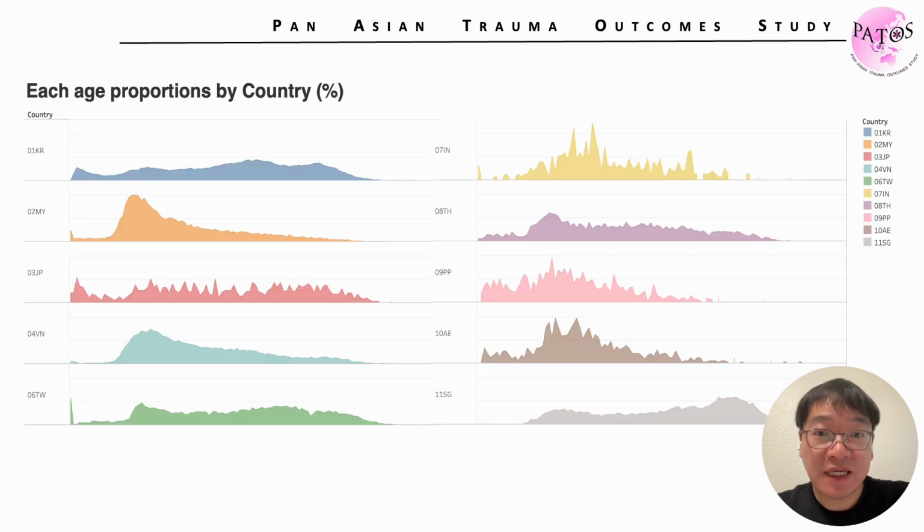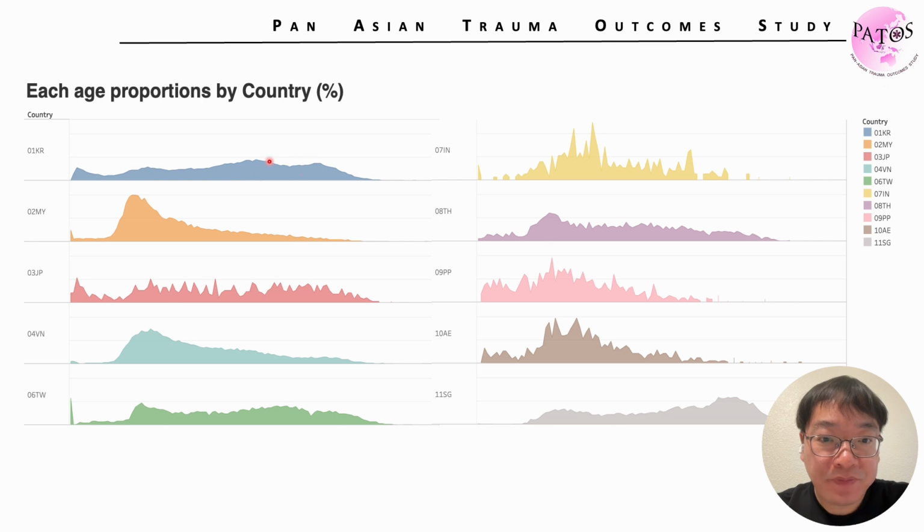The graph shows each age proportion by country. In the x-axis, the left side is younger age, and the right side is older age from 0 to over 100 years old. In Malaysia, Vietnam, Thailand, Philippines and UAE, there are more young age groups in their database.